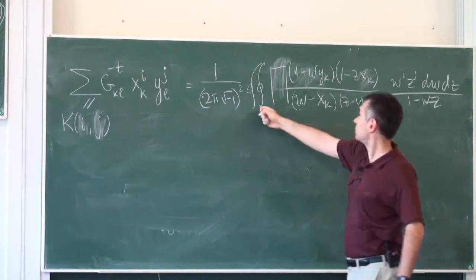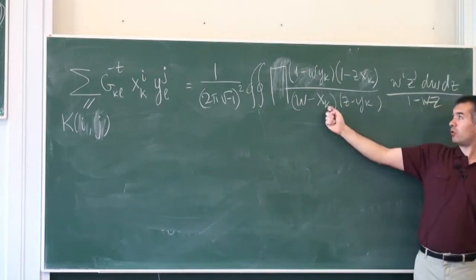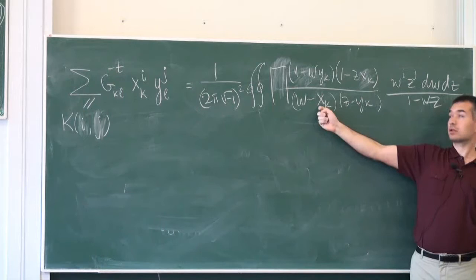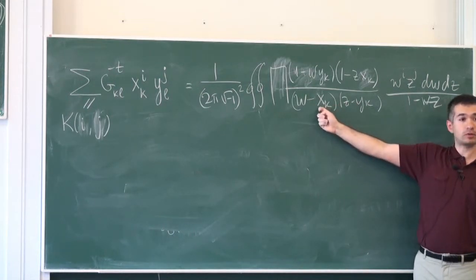Now this contour integral should pick up the poles at y's in z and at x's in w.